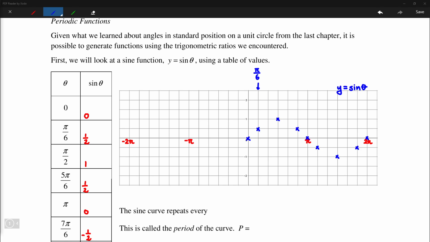Then negative 1 half, negative 1, negative 1 half again, and 0. So now what we can do is connect these points with a smooth curve from 0 to 2 pi.